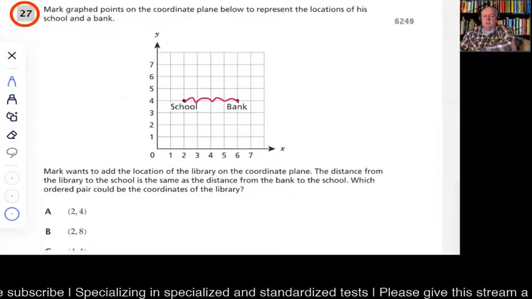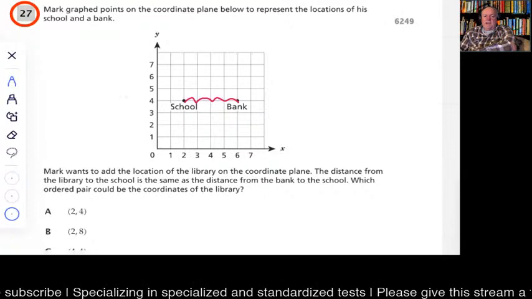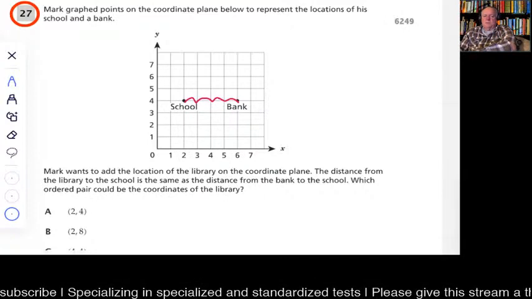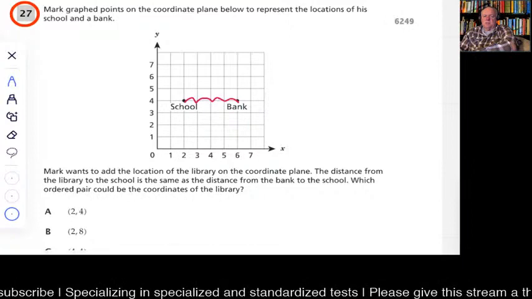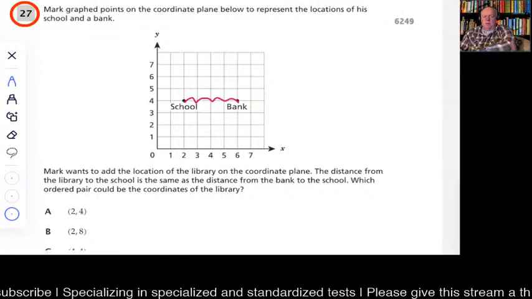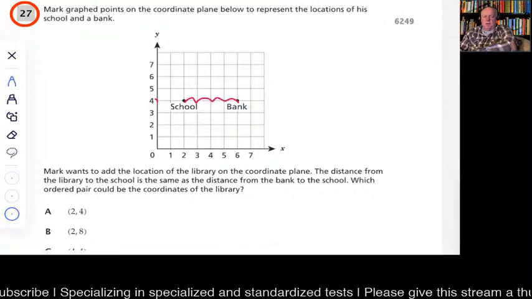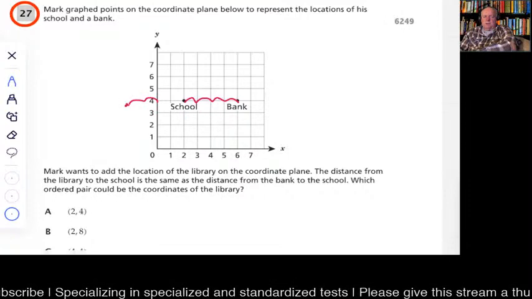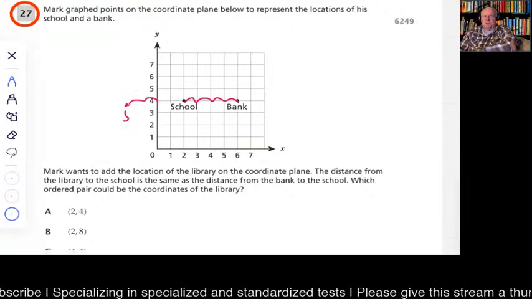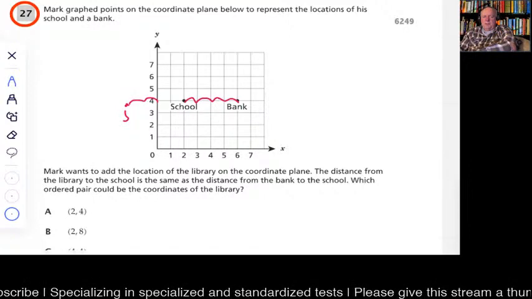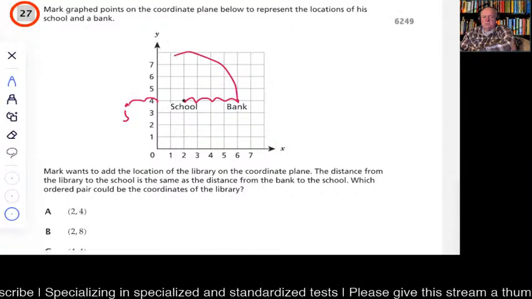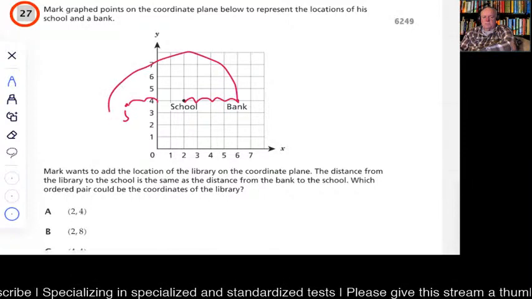Sometimes we saw the other example the other day where they were asking for something just as far away. So if they were asking for something just as far away as the bank was, 4, let's say it was on the same line, we could go over 1, 2, like a second bank could be over here. But that's out over the grid. So in that kind of example, we would be trying to do something like this, right?